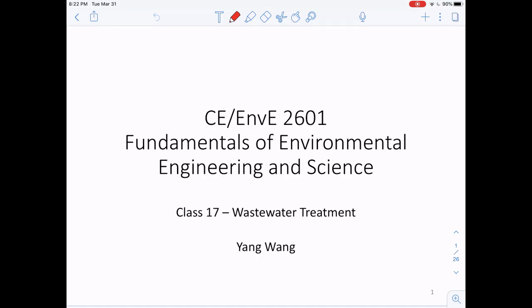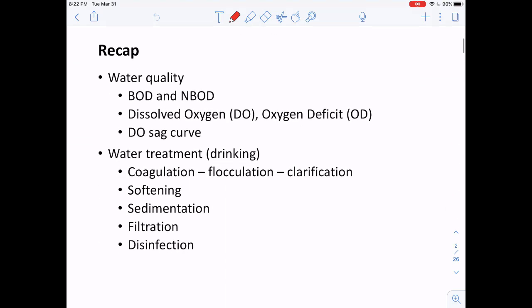Starting from this class, we're going to learn about wastewater treatment. If we do a recap of our last section, we talked about two chapters or two types of contents. We talked about water quality, and in water quality we specifically mentioned a new concept, the biochemical oxygen demand, which is the oxygen demanded by the microorganisms in the water to oxidize all of the organic components.